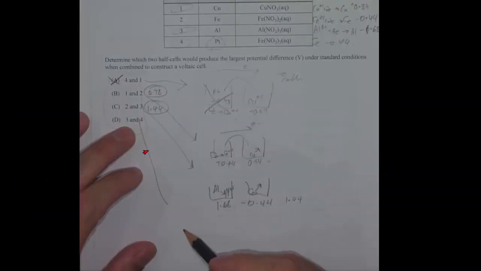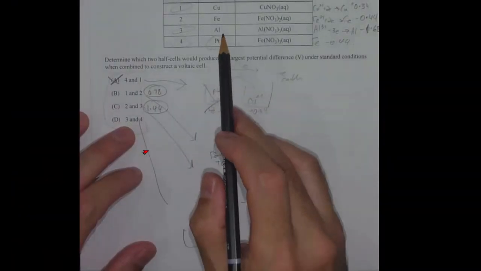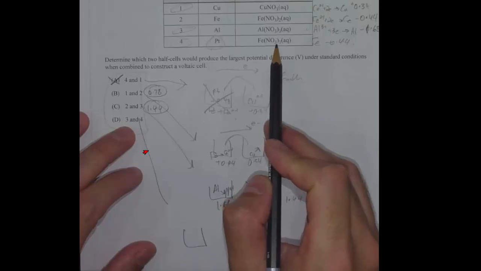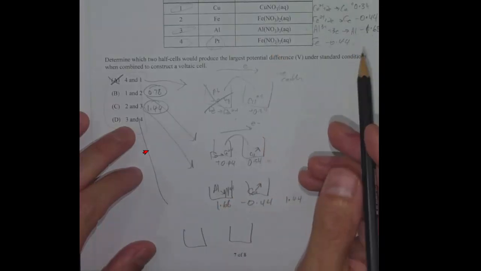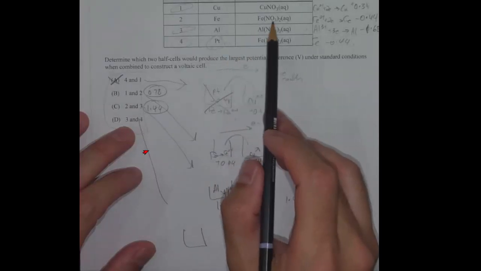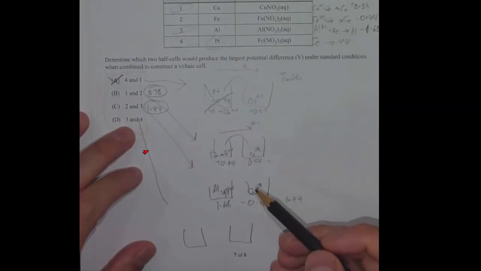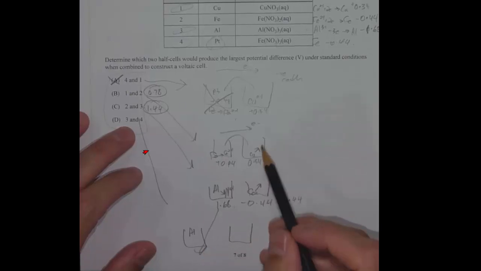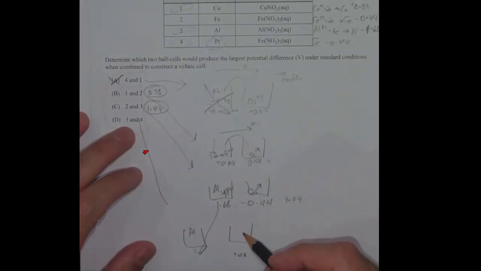Now 3 and 4, aluminium and iron. So kind of the same deal. The aluminium will come off and do this, and the iron here will join to the platinum and do that.